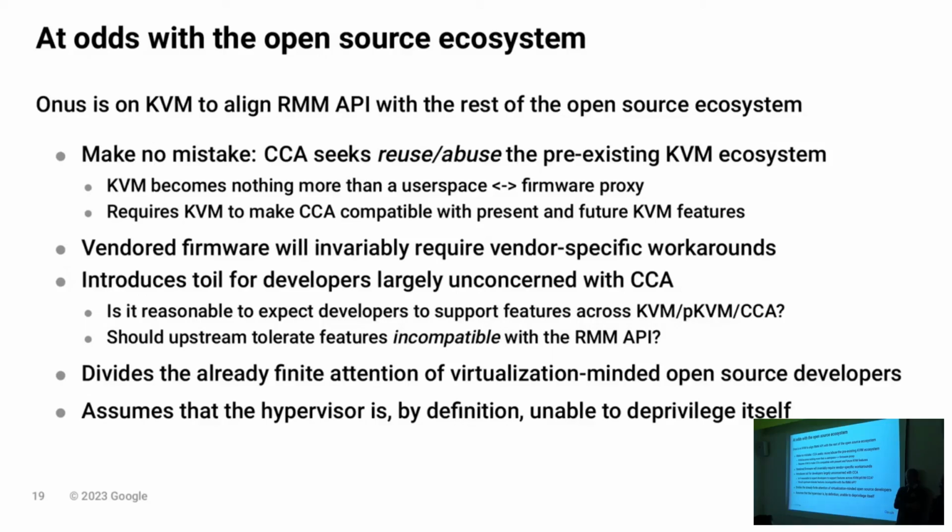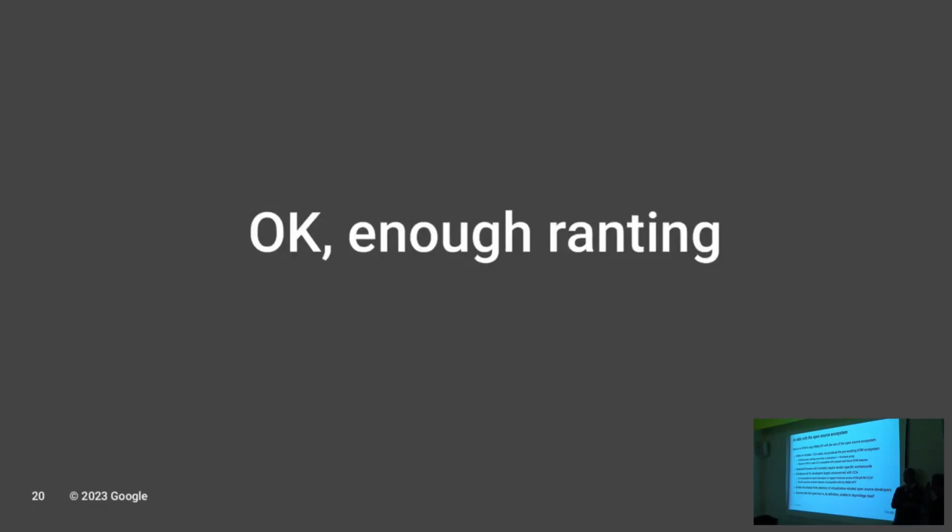From a maintenance perspective, it's not a good prospect. And frankly, it also means that we get a KVM implementation that becomes increasingly fragmented, siloed. So yeah, it's a rant, I agree, but enough ranting.